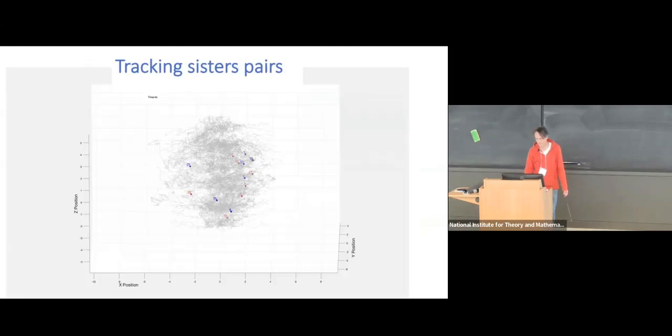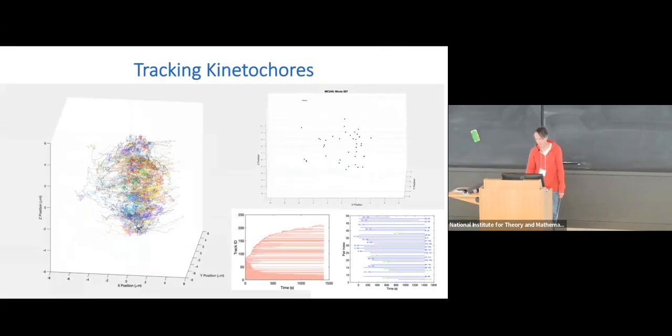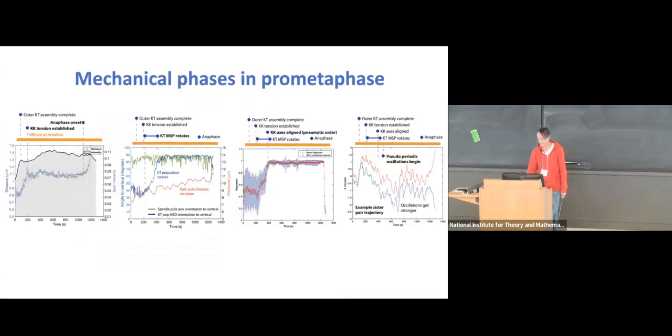So I should have said here, when I'm looking at the coordinate system, that we call this the minimum spread plane, which is the plane of our donut, and the minimum spread normal is normal to it. The minimum spread plane will become our metaphase plate. Okay, so you get pictures like this.